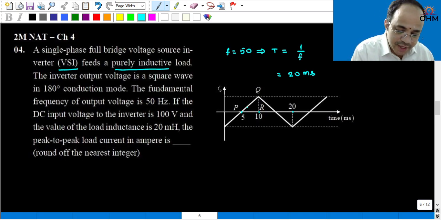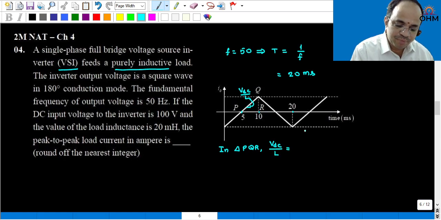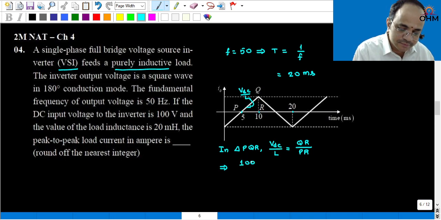Now in this triangle PQR, just like previous question, if you apply slope concept VDC by L, so what you will have here in triangle PQR, the slope is VDC by L is equal to QR divided by PR. So here source voltage is given 100 volt divided by load inductance is 20 millihenry is equal to QR.